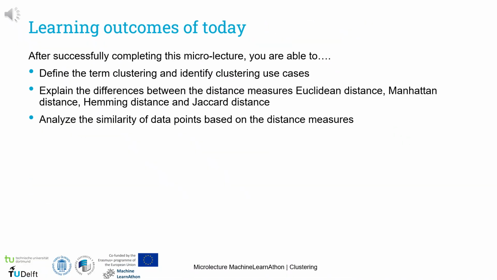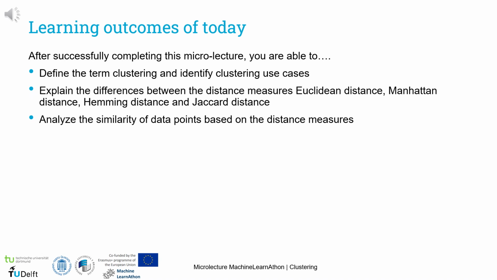After listening to this microlecture, I hope you are able to define the term clustering and to identify clustering use cases, meaning that in real-world scenarios, you can say when to use clustering and when it's useful. Then we will also learn something about the distance measures: Euclidean distance, Manhattan distance, Hamming distance, and Jaccard distance.